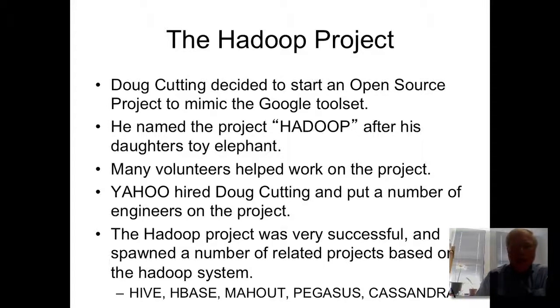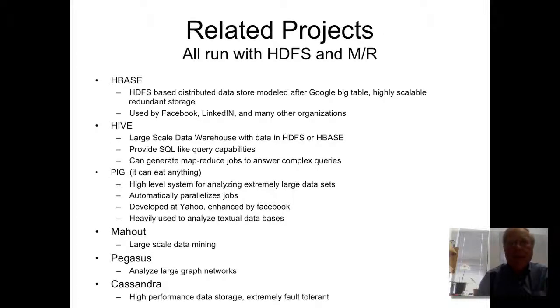And these are Hive, which is a data warehouse solution, HBase, which is a highly scalable distributed data storage system, Mahout, data mining, Pegasus, I've talked about, the graph network analysis, Cassandra, which is another high-speed data storage and retrieval system, and Pig, which I haven't mentioned yet, this high-level system for analyzing extremely large data sets. It's named Pig because it can eat anything. You sign into Pig and your prompt is grunt.